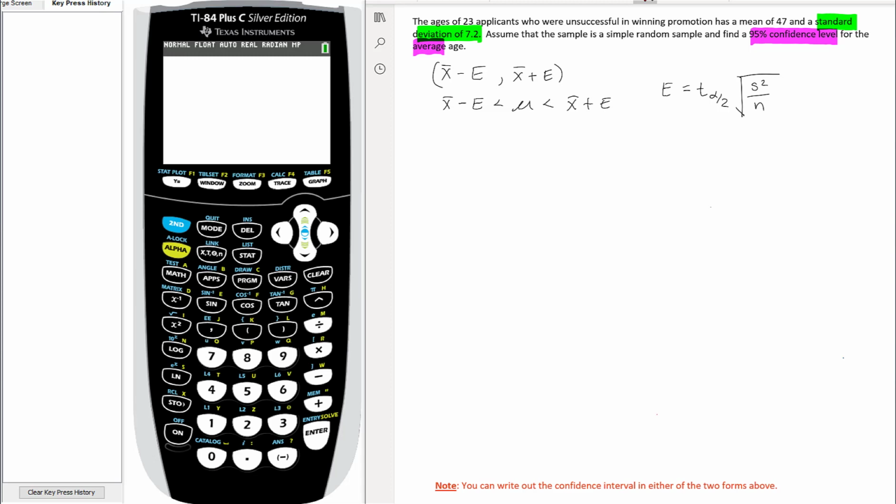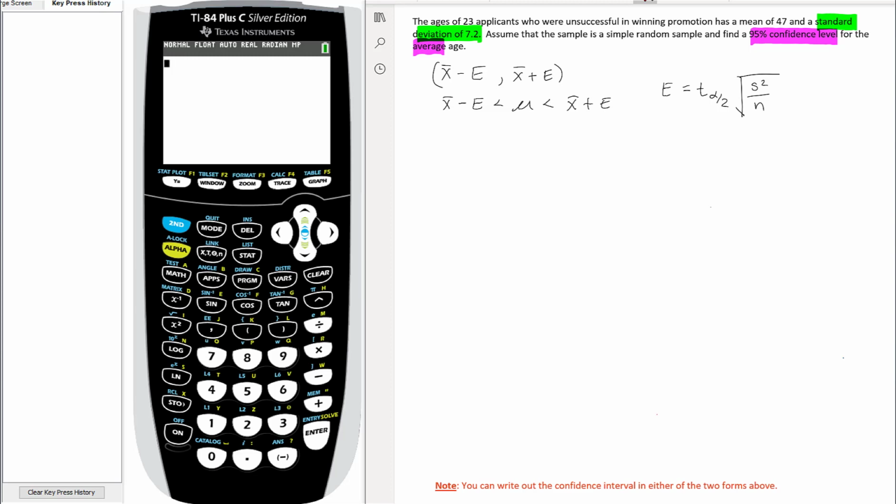So what I would suggest, instead of going to the problem and extracting information from the problem and then matching it to the variables, is that you take the variables that you need based on the formula and then match them to the numbers that are given to us in the problem.